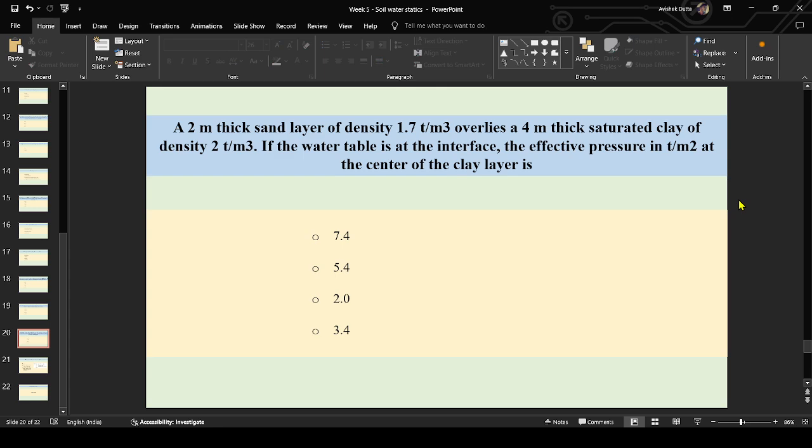Here consider the rho W, that is the density of water, as 1 ton per meter cube. The options are 7.4, 5.4, 2.0 or 3.4. If you get the answer in more than one decimal places, you can round it off to one decimal place.